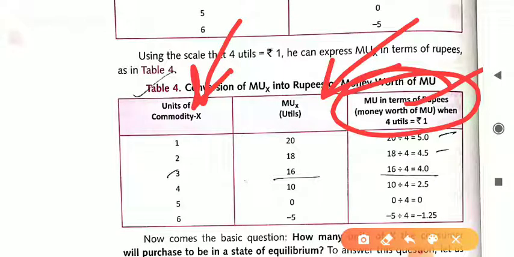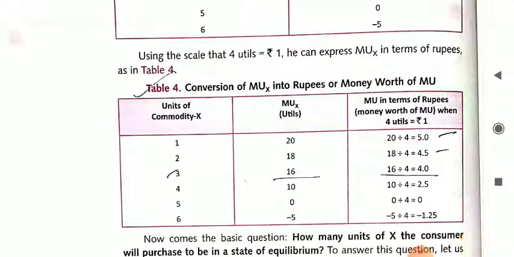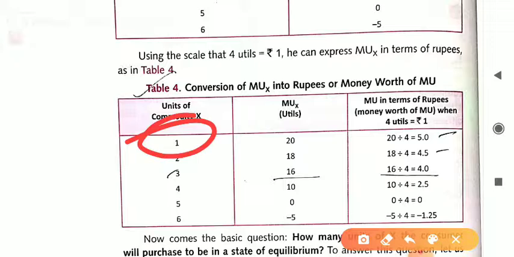When you have one shirt, marginal utility is 20, and as we know, when we spend 1 rupee we get 4 utils, so 20 divided by 4 gives 5. This represents that from 1 unit of a commodity, the marginal utility in terms of rupees is 5. By buying 1 shirt, we are getting rupees 5 utility.